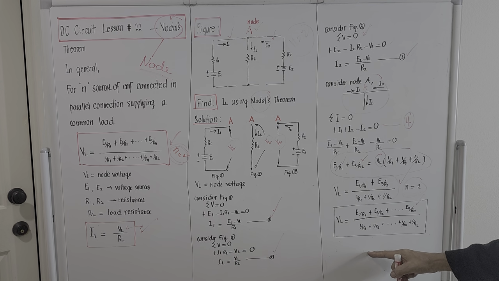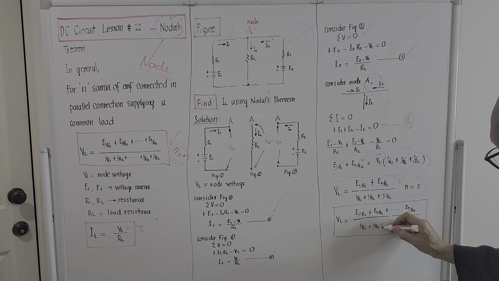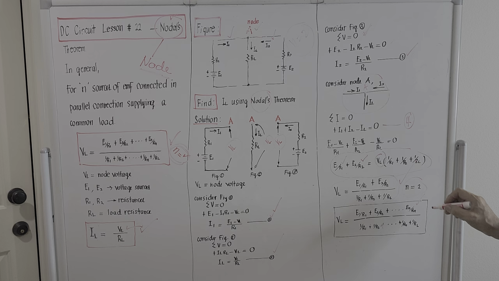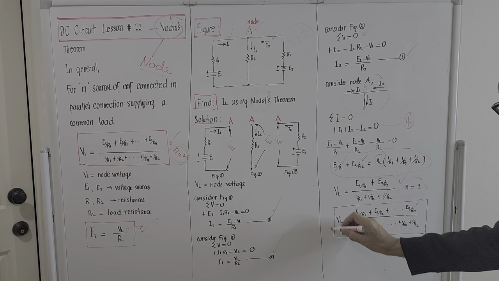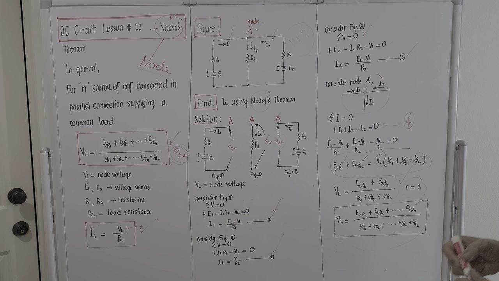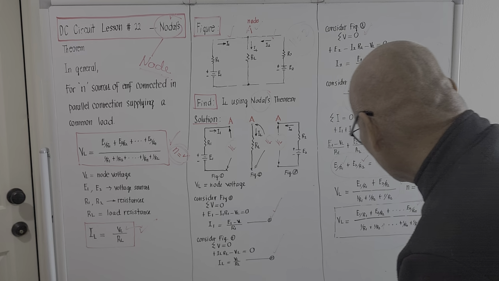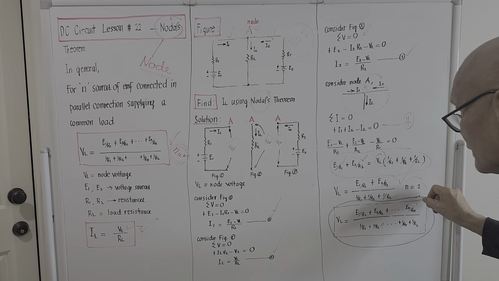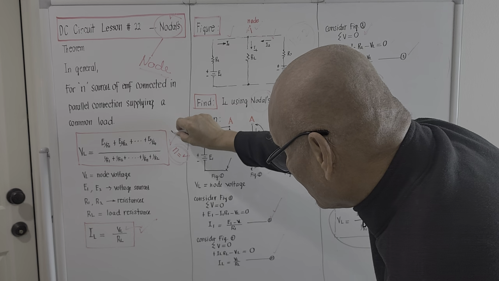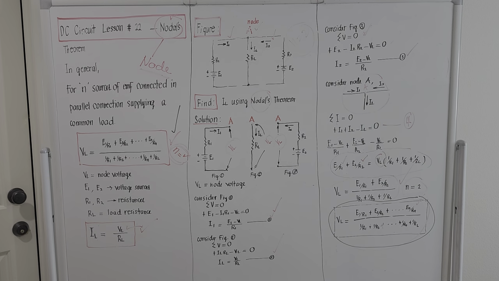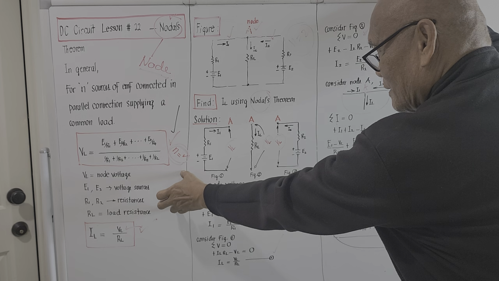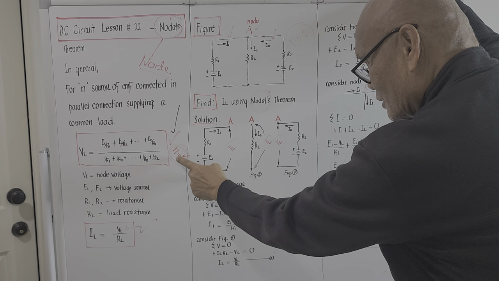This is 1 over R1, 1 over R2, plus, okay, 1 over R sub n. The last part will be 1 over RL. So this equation here is actually this one. That's the derivation of the node voltage as a function of n is equal to n.